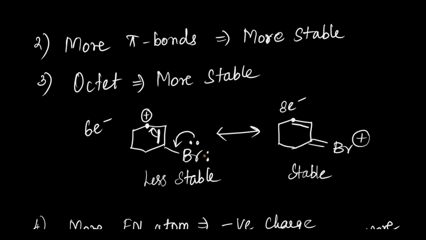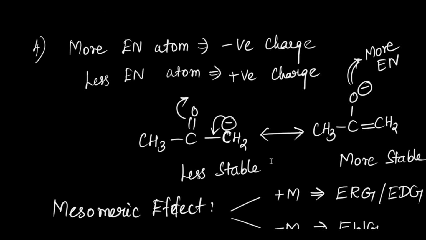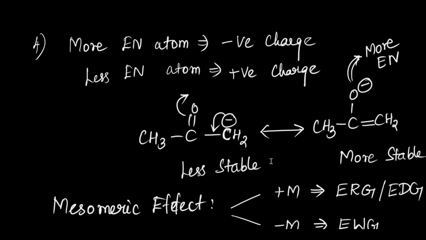Let's say I have oxygen and carbon: carbon should have the positive charge and oxygen the negative charge. Then that makes the compound stable, not as stable as the non-charged species, but less than that.